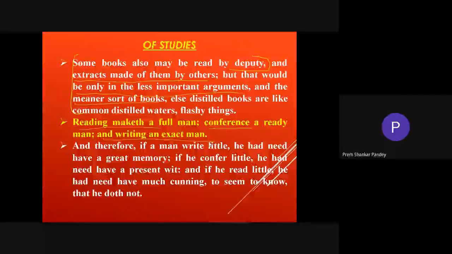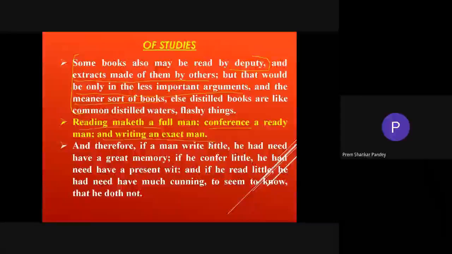Yes, sir. When we are reading, it makes us a full man. But yes, the knowledge is there inside us, but we are not able to implement it. So how will we be able to implement? When we look out in the world, when we come out of isolation, out of our house, to see others around, and see how they are doing their job, then we think, I have the knowledge, but I am not able to implement it.